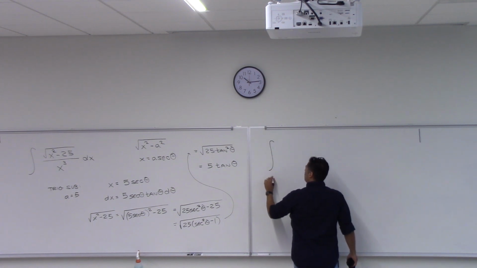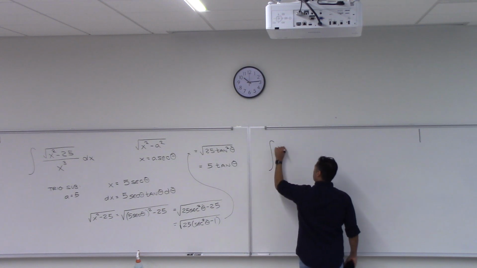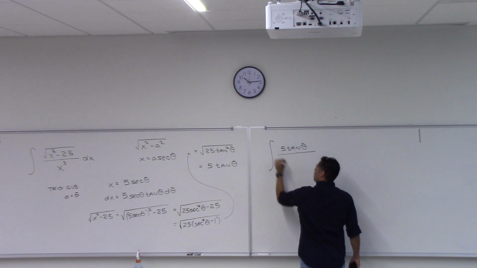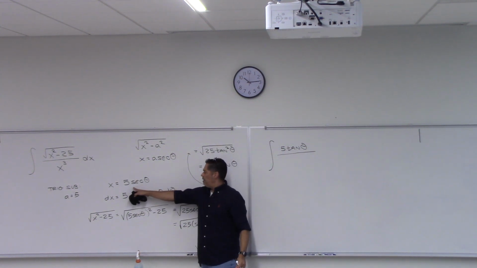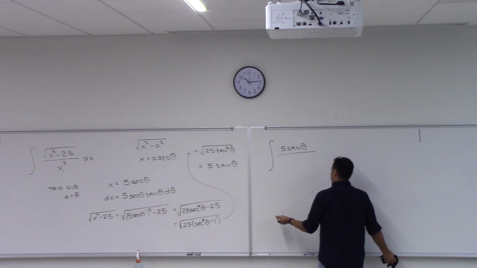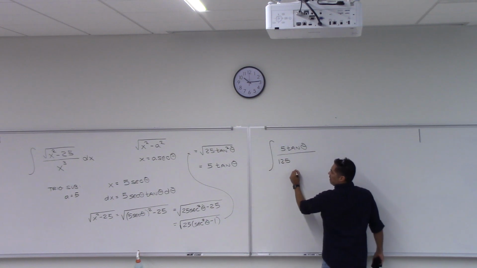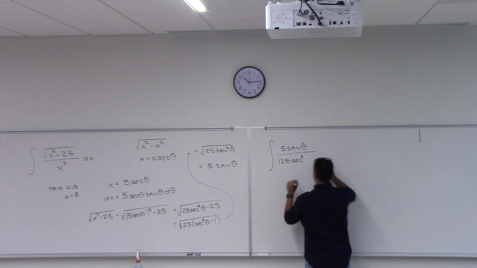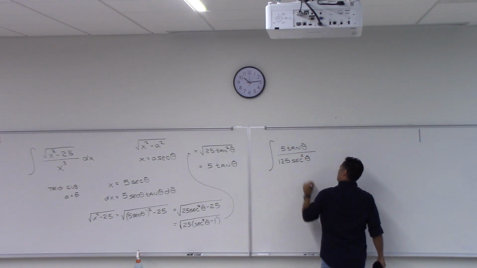So the integral, the numerator is going to be this, 5 tan theta, over the denominator x cubed. So I have to cube this, don't I? I have to cube x. So I do 5 cubed, 5 times 5 times 5, 125, and then secant cubed theta.